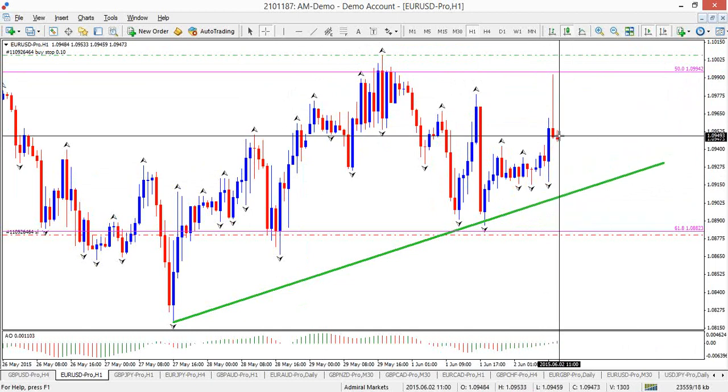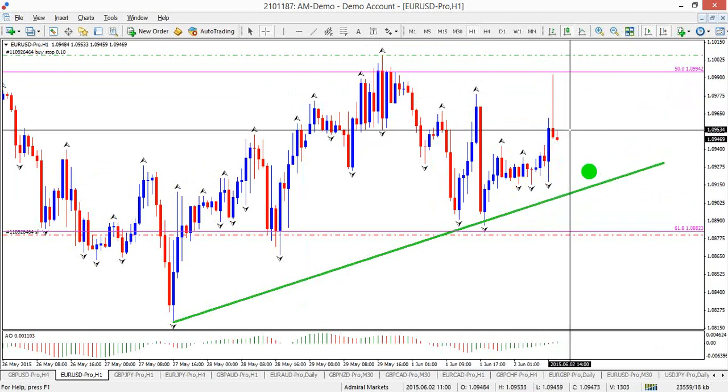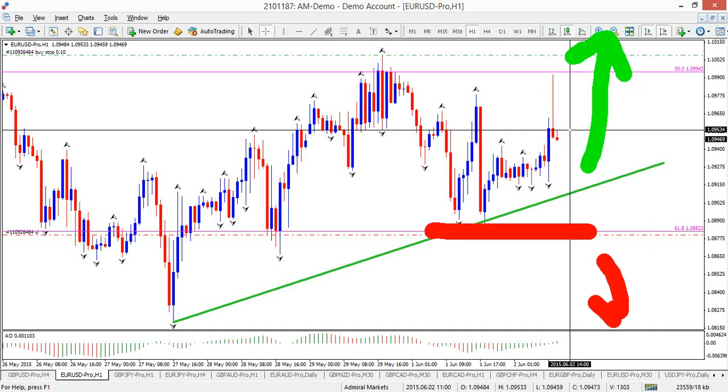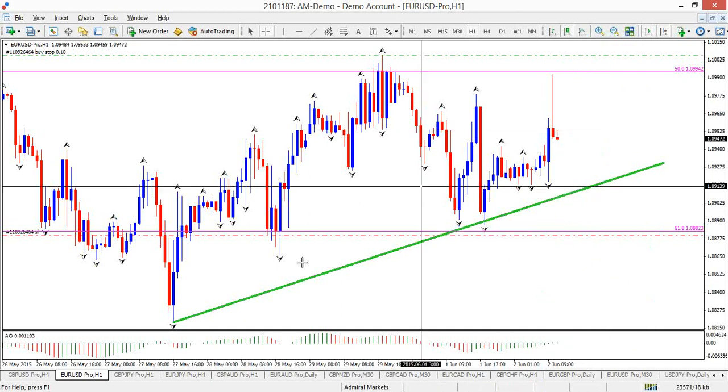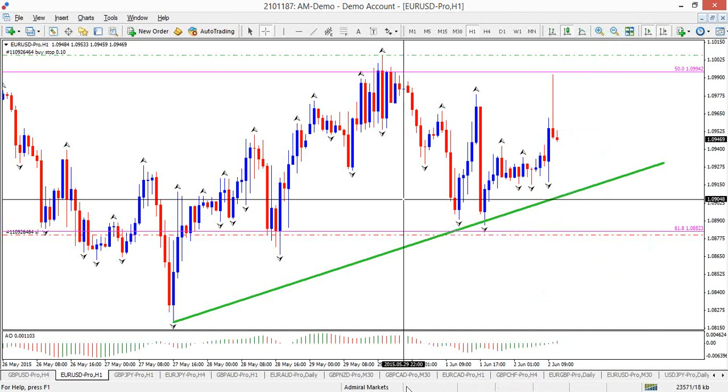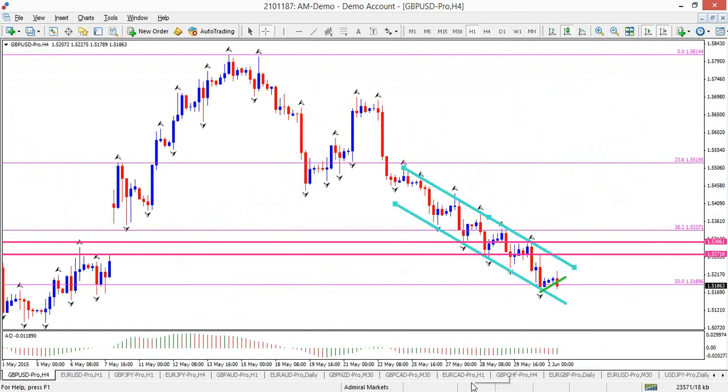So I think the euro dollar is still open to both sides, but primarily upside still. Pound dollar could be a bit different because, as I said already beforehand, the pound is more bearish.